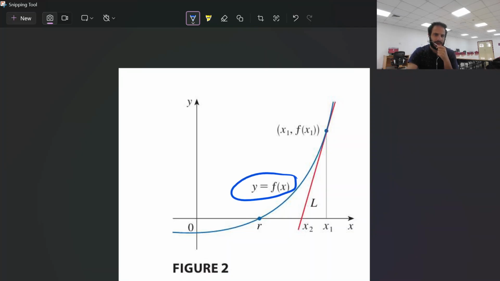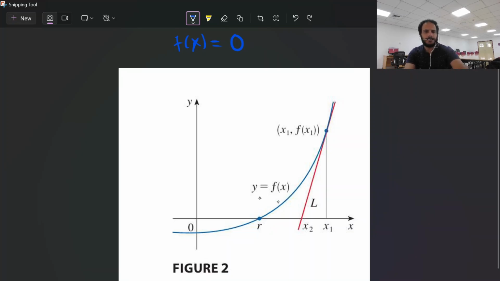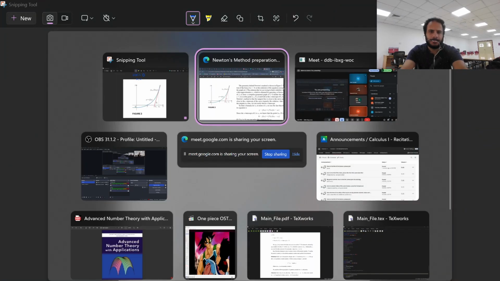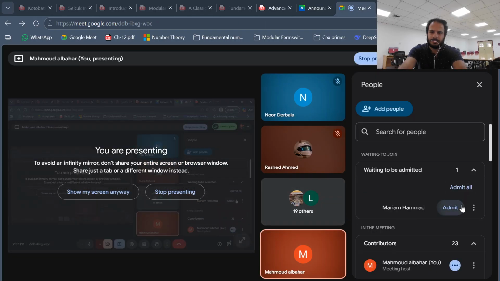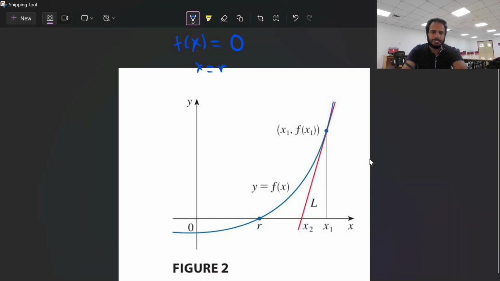Here, this is f of x, okay? We want to solve the equation f of x equals 0. From the graph, what's the solution of this? It's r, right? So x equals r is a solution, right?